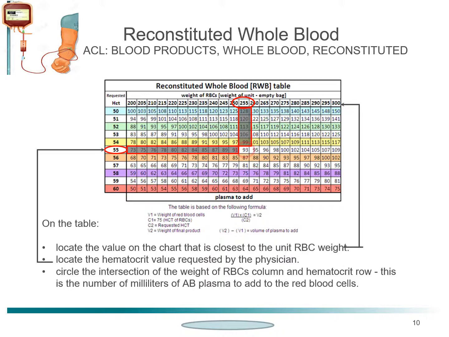Then on the left side of the chart, locate the reconstituted whole blood hematocrit requested by the physician. On the chart, circle the number where the column from the calculated CPDA red blood cells intersects the row of the hematocrit requested by the physician. The circled number is the volume in milliliters of AB plasma to transfer to the CPDA unit.